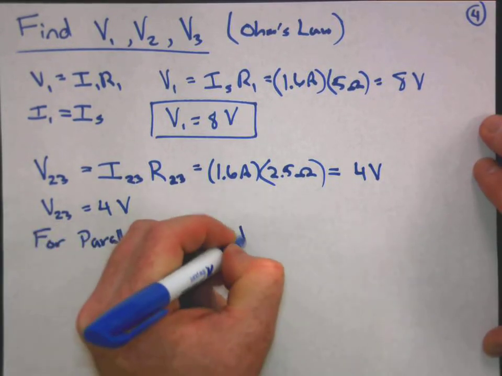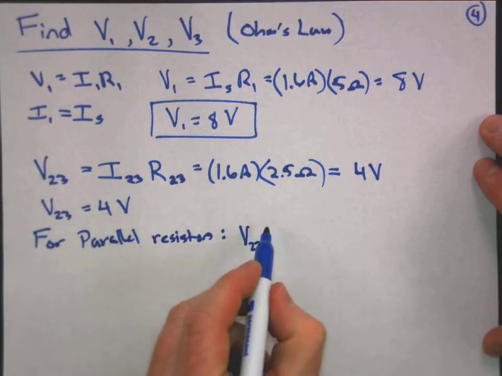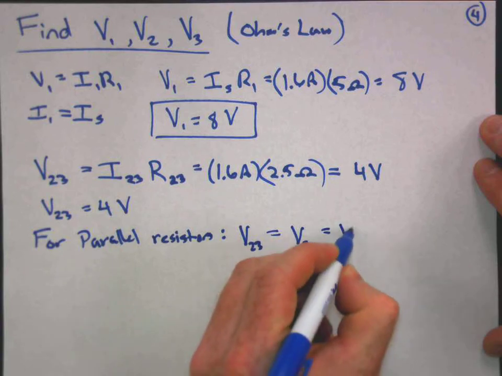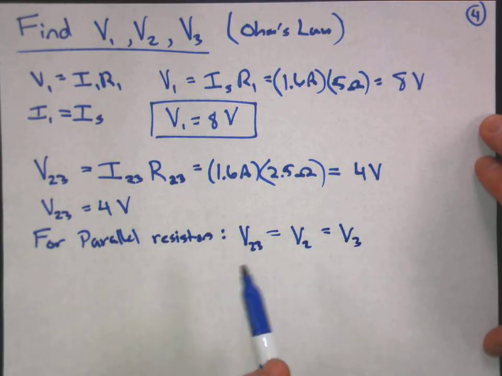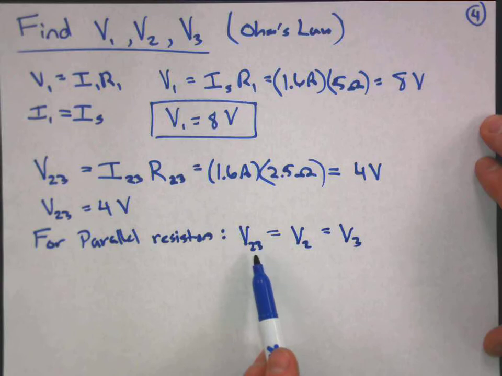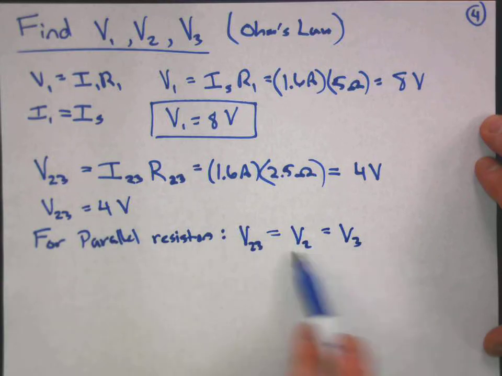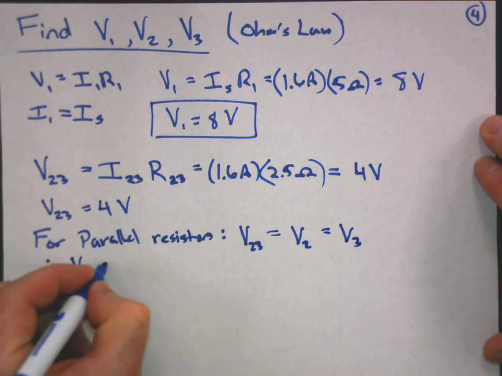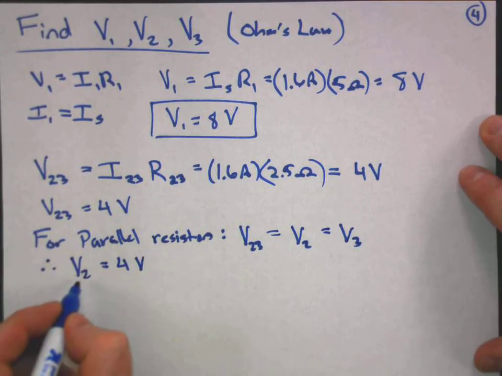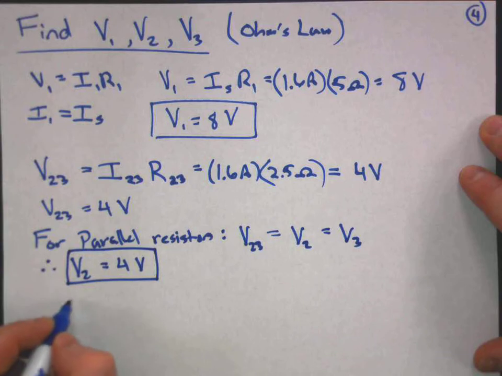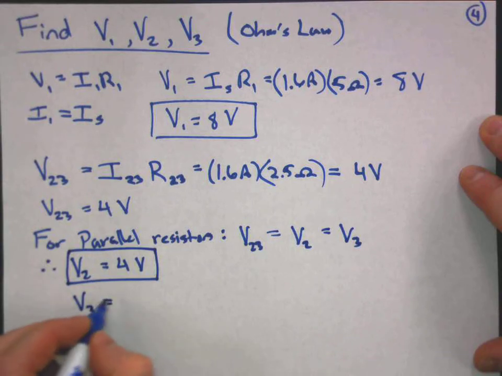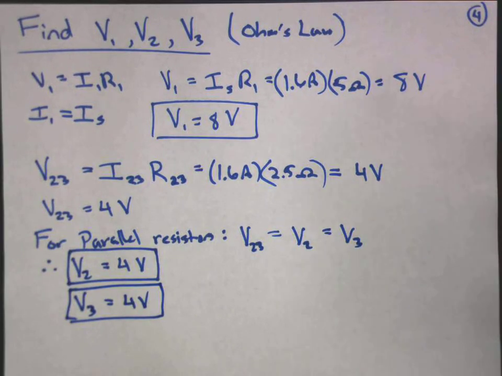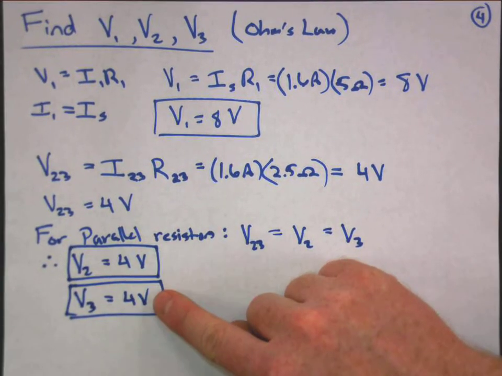I know that the voltage of 2,3 combined is equal to the voltage of 2, and it's equal to the voltage of 3. That's real slick. So each of those is equal to that, and that's 4 volts. Therefore, V2 is 4 volts. That's an answer I want in a box, and V3 is also 4 volts. Put a box around that guy. I have the voltage drop of all 3 resistors.